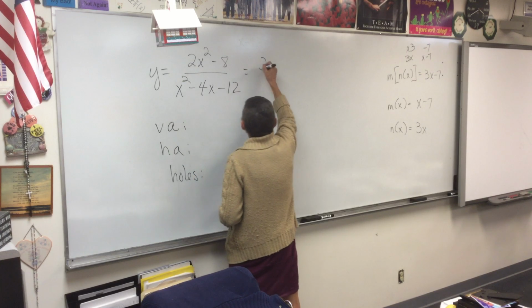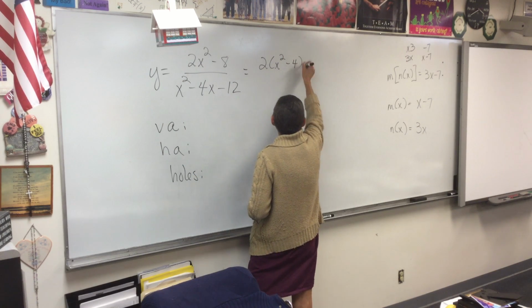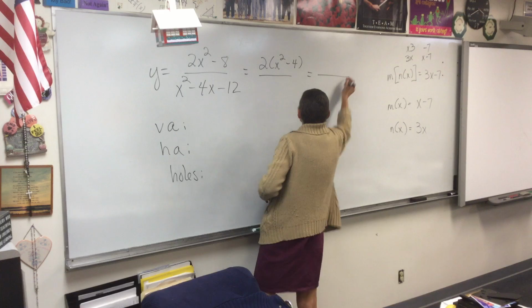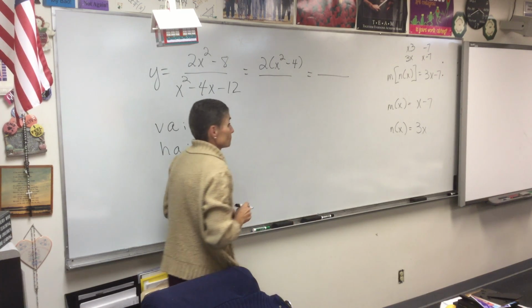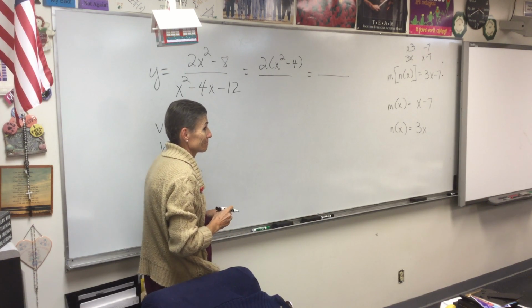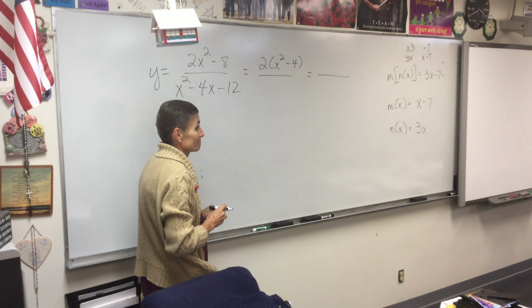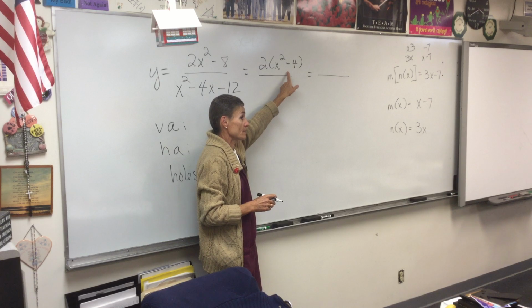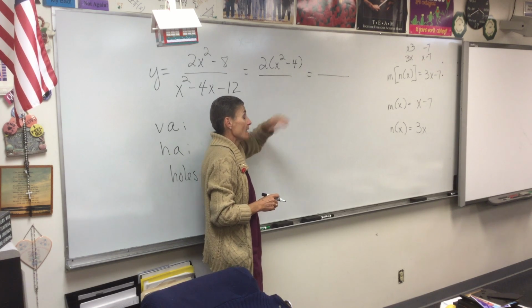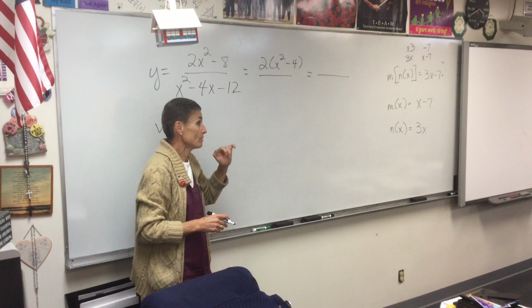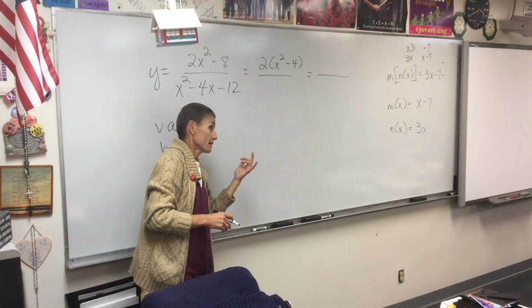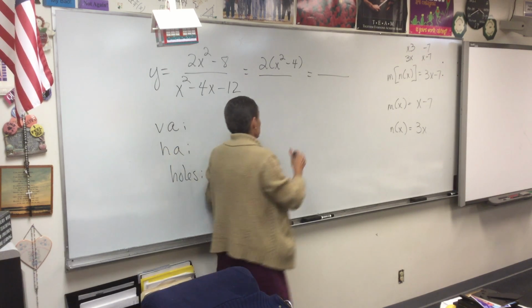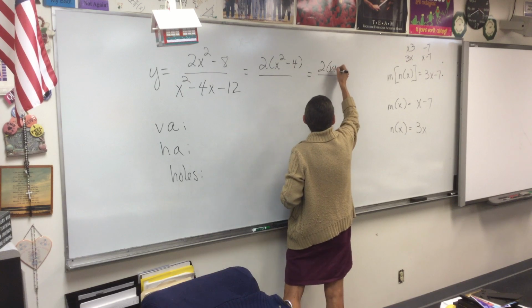Take out the 2. Let me catch up, all right? And then what do you notice after I take out the 2? What's this called? That's called the difference of squares. And how does the difference of squares factor? X plus 2, X minus 2.